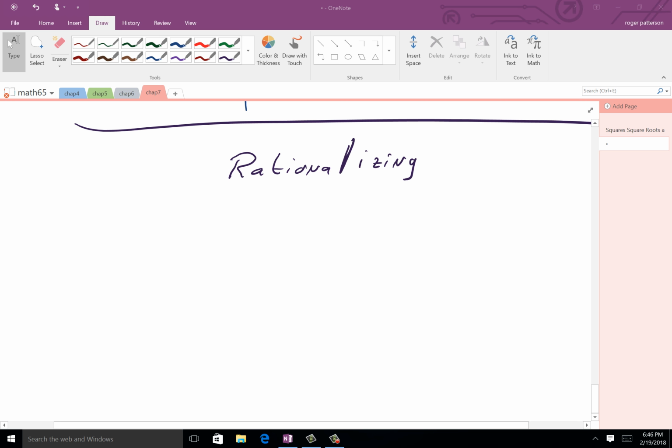So if we start out with something like this, over the square root of 6, and we want to rationalize that because there's a square root down here. Can't have one. Got to get rid of that. Basically, all we're going to do is just multiply by that square root of 6.